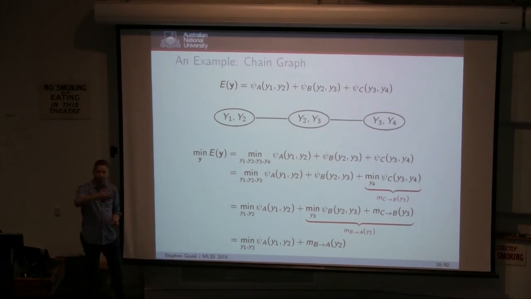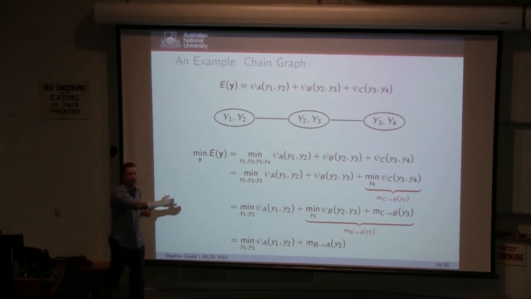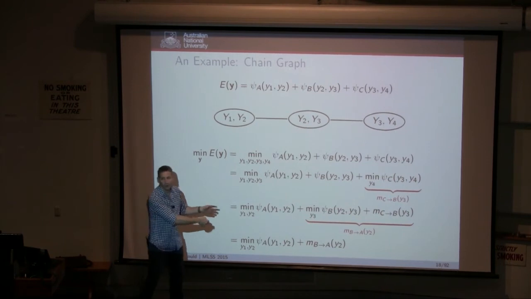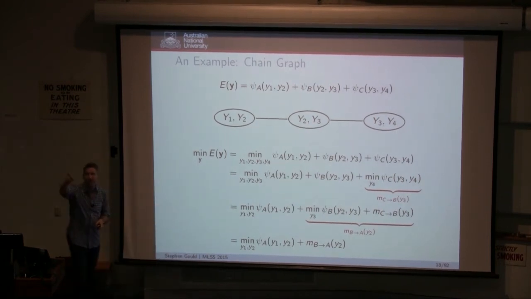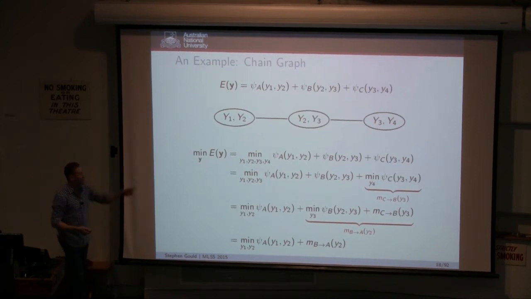I know that if I minimize over that y1 and y2, that gives me the minimizing assignment globally over those two variables, and then I can take a step forward and find what the value of y3 needed to be for those to be the minimizing assignment. I can do this because it's a chain, and I just showed that you can also do it in trees. So if you have a clique tree, you can do the same algorithm where you just sort the nodes in topological order.